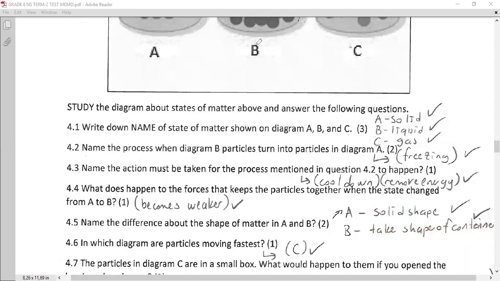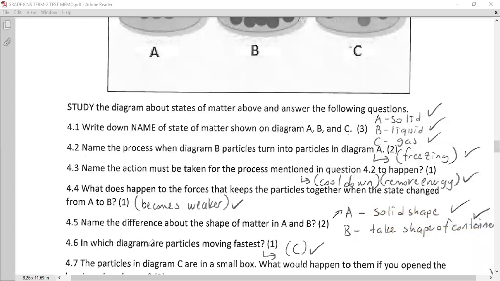They are more irregular than A. Anything similar to this, you receive the full mark, okay? This is just a sample answer: take the shape of the container. And they slide over each other, that's also perfect, okay? So I told you different properties about the liquid particles. I already discussed that.